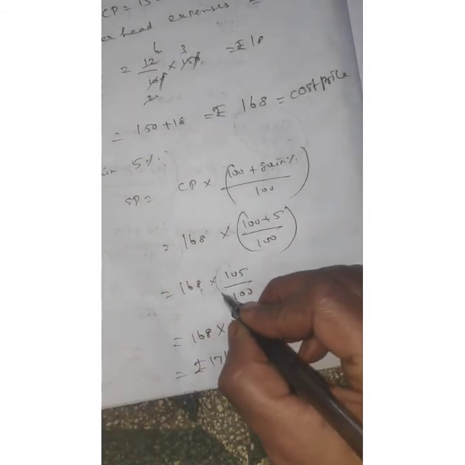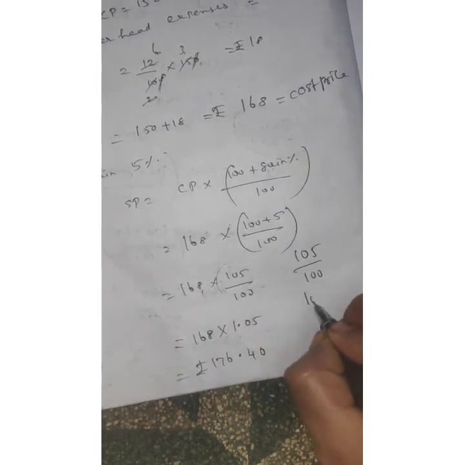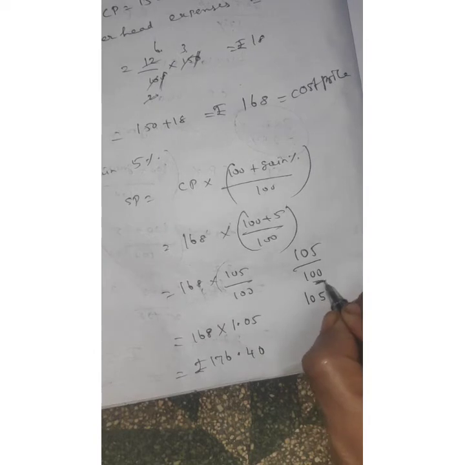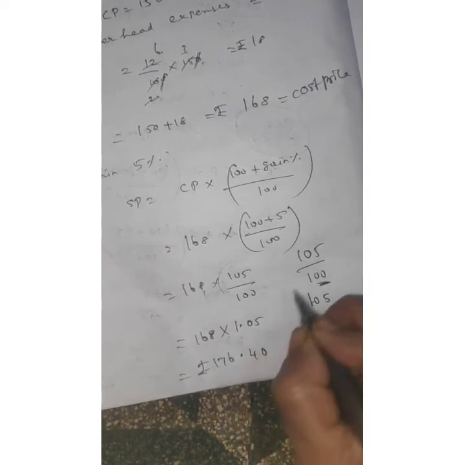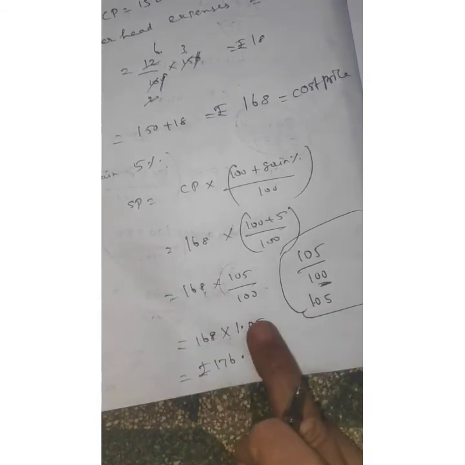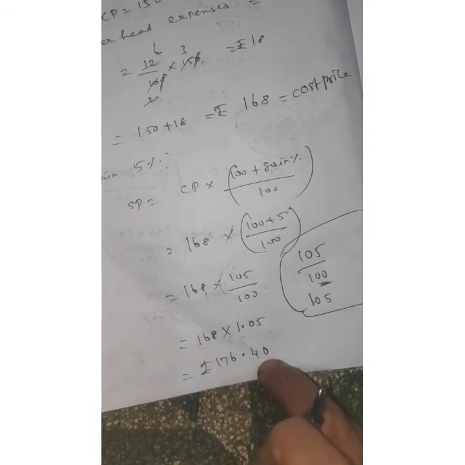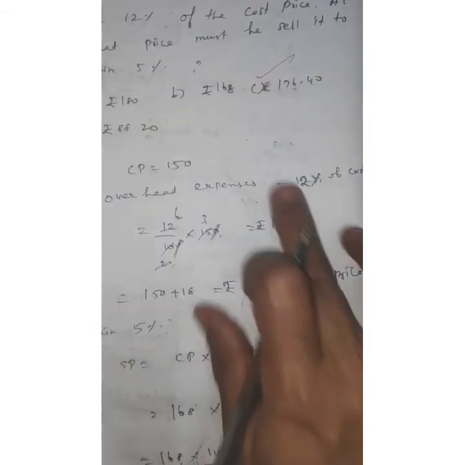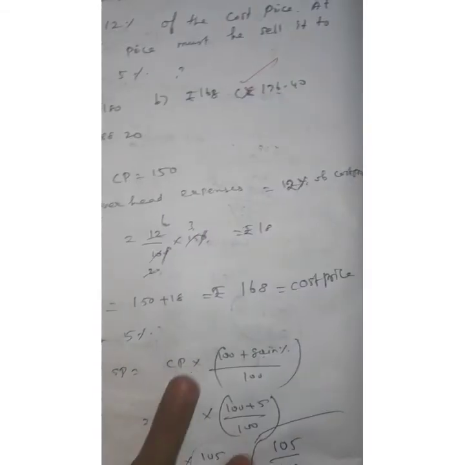Now to divide 105 by 100: first write 105, there are two 0s, so keep the point after one 2. So 1.05 is the answer. Multiplying these two numbers gives the answer, 176 rupees and 40 paise. So this is the answer, 176 rupees and 40 paise.